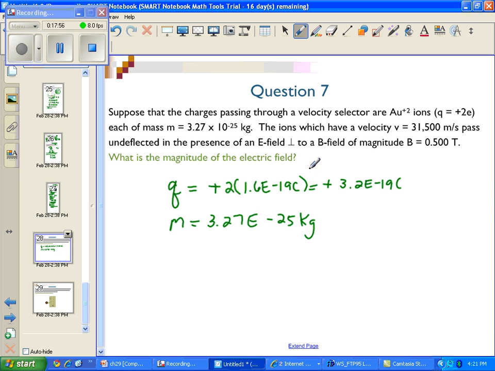And they tell us that those which make it through the velocity selector have a velocity of 31,500 meters per second.